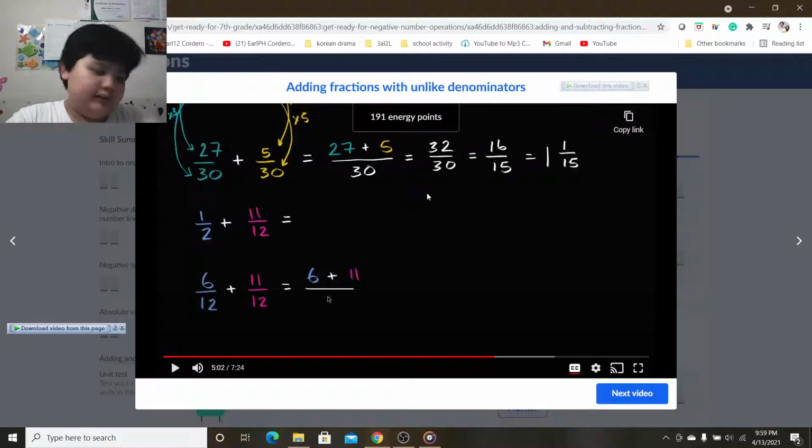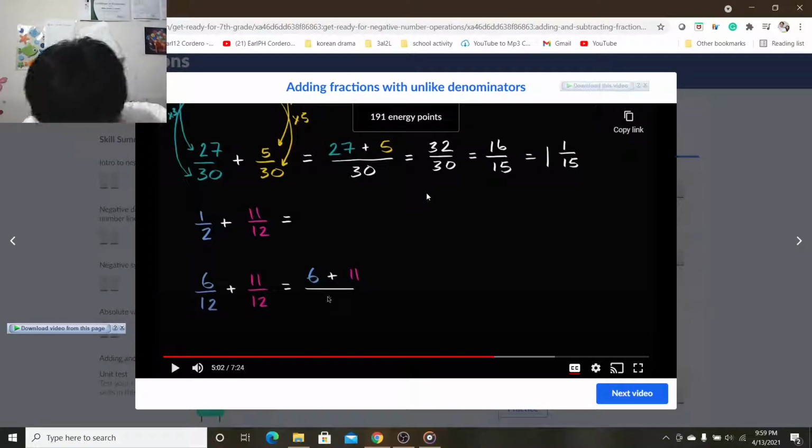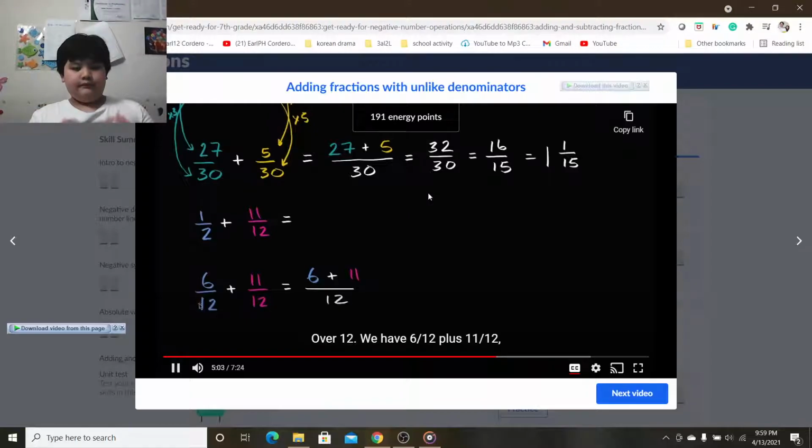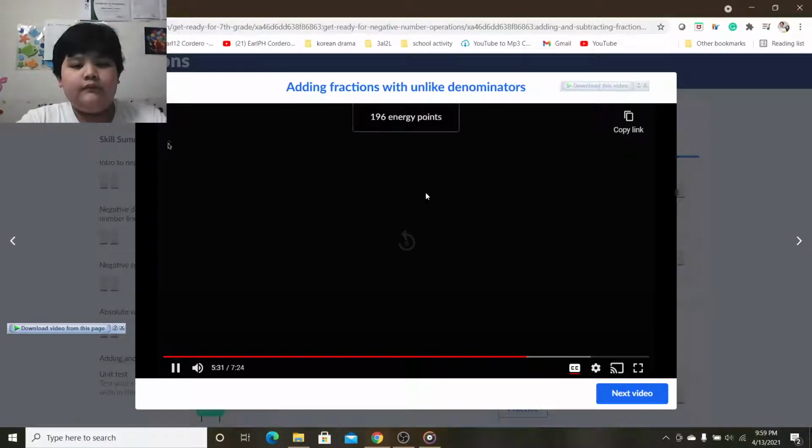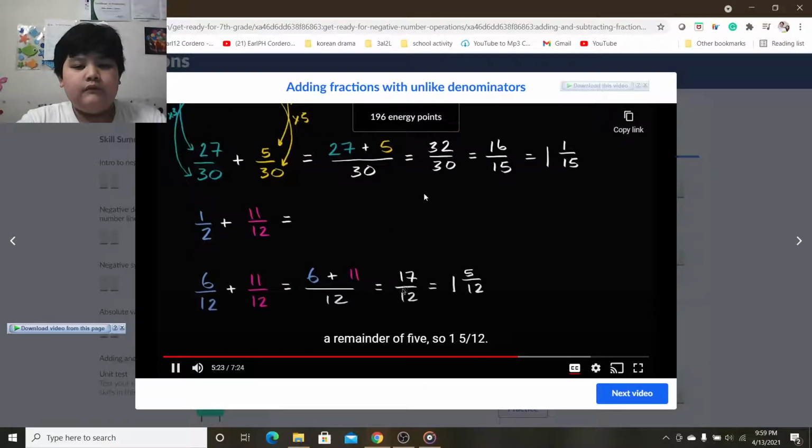So 17 over 12. And then that could be simplified to 1 and 1/2, over 12. We have 6 over 12.